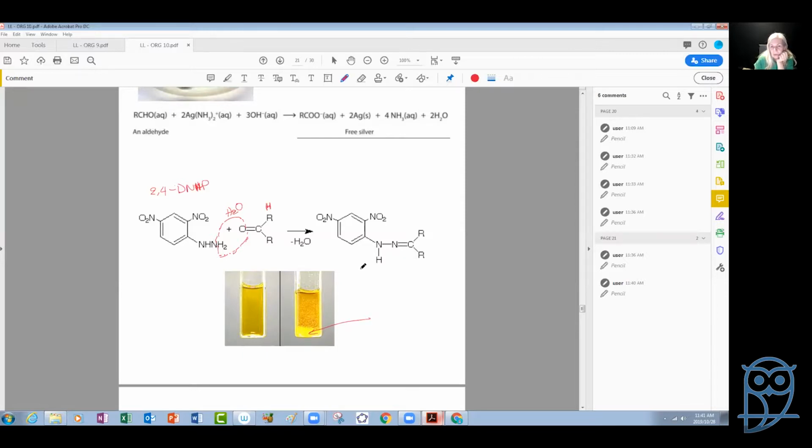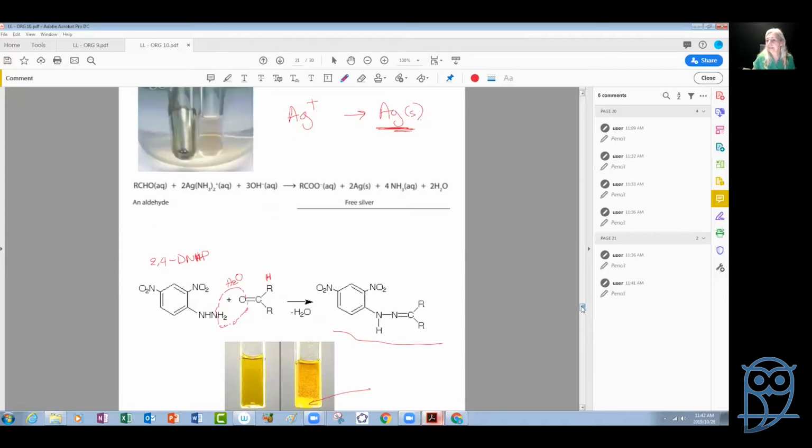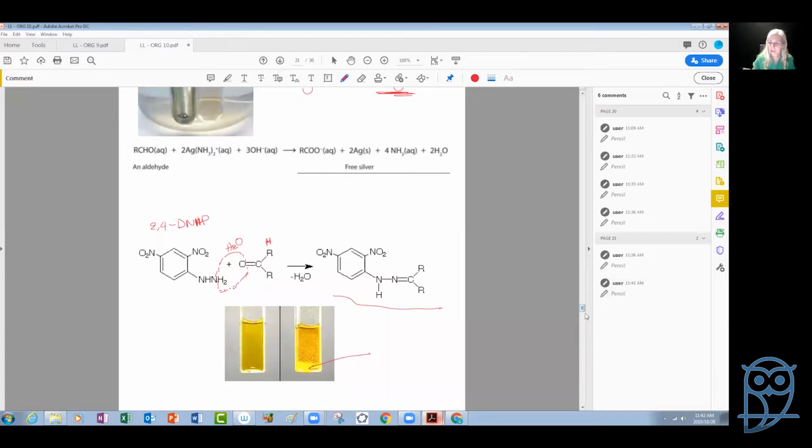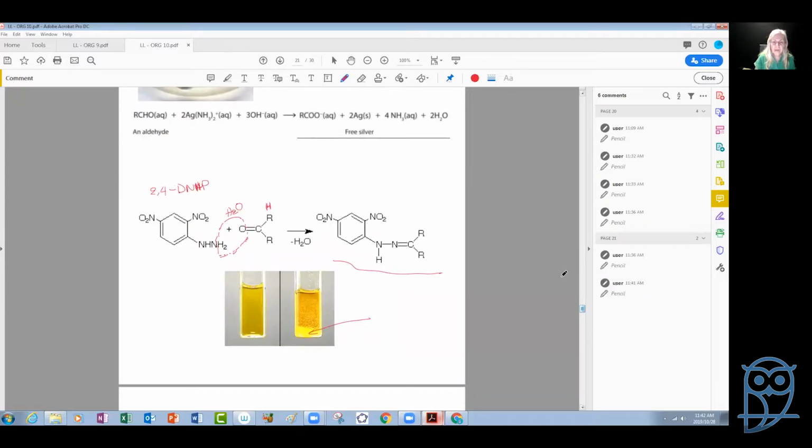Here is the precipitate, which corresponds to this molecule that forms, and this is an indication that we have either an aldehyde or a ketone present in our sample. So this is a way to test for the presence of an aldehyde or ketone, which we call collectively the carbonyl group compounds. All right. So you see this is the carbonyl group.